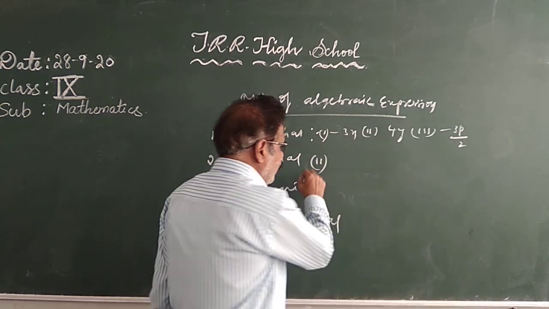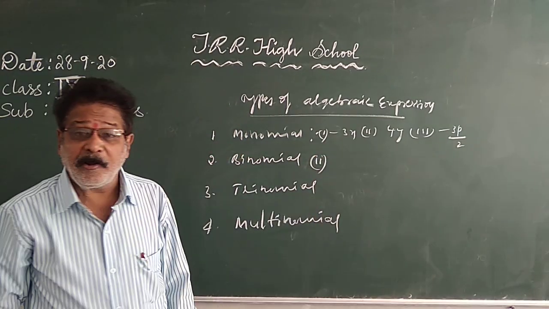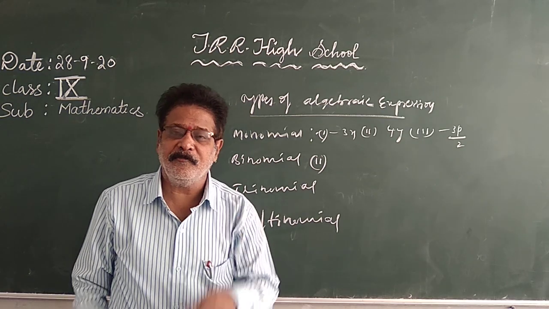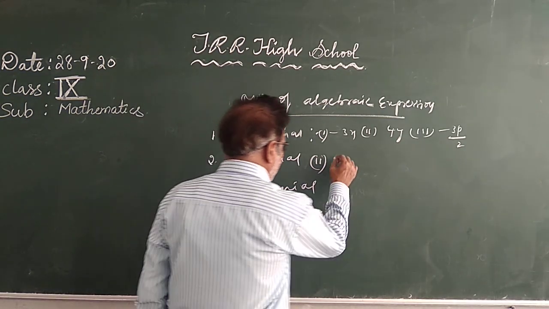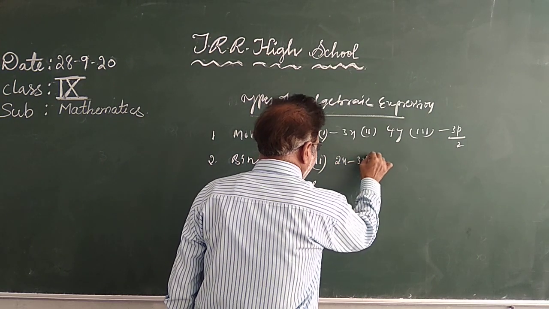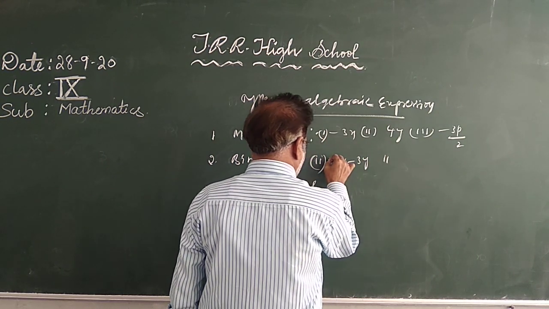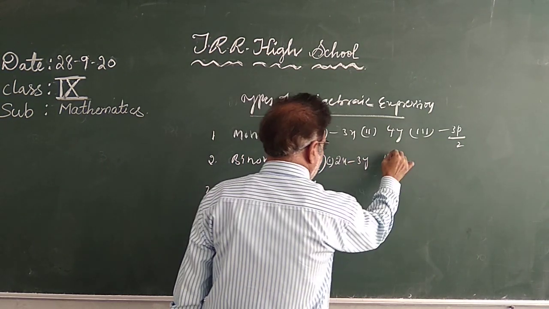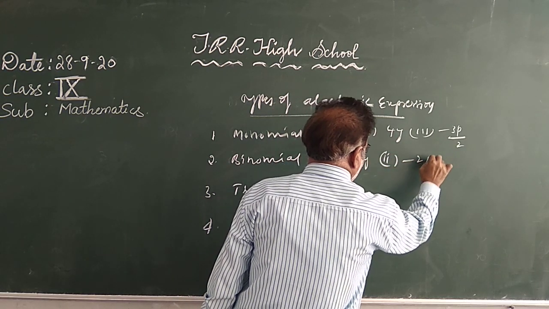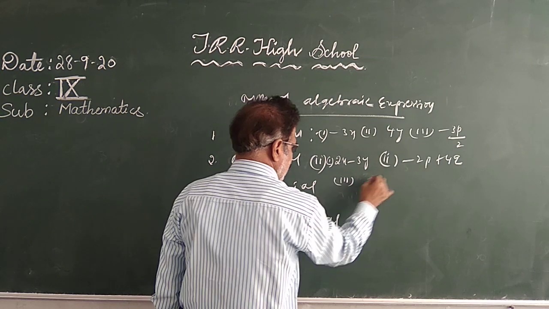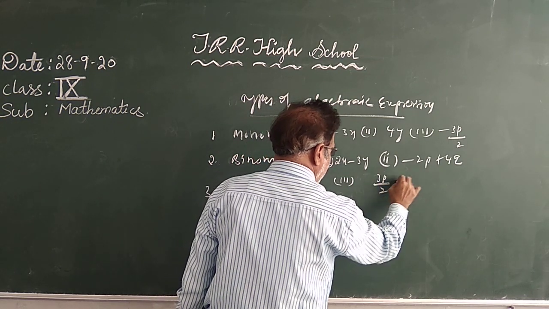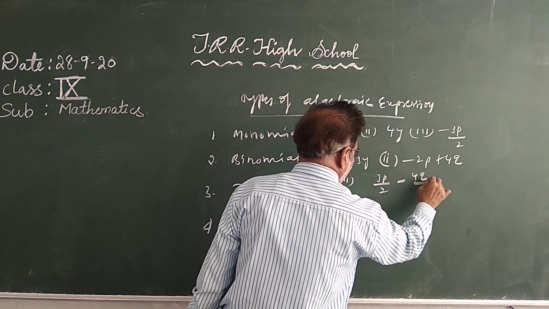Second, binomial. A binomial means an algebraic expression having two terms. Examples: 2x minus 3y, minus 2p plus 4q, 3p by 2 minus 4q by 7.